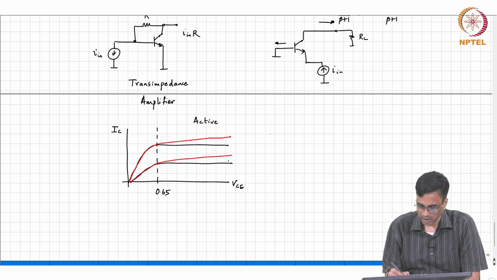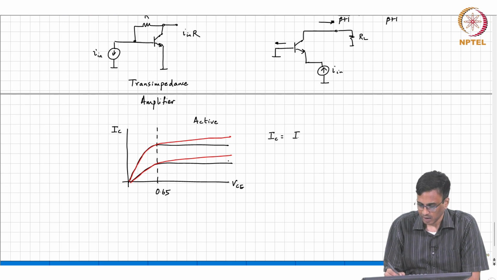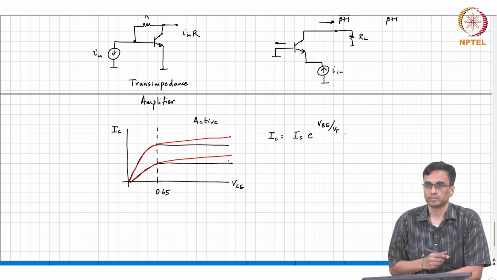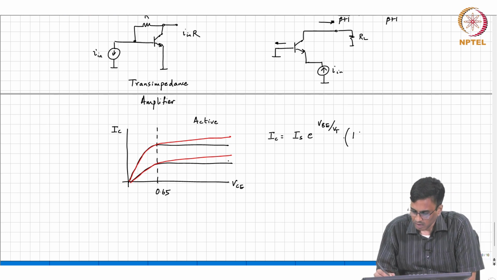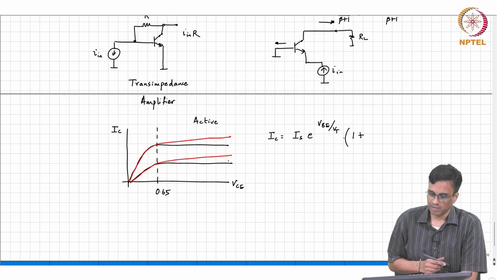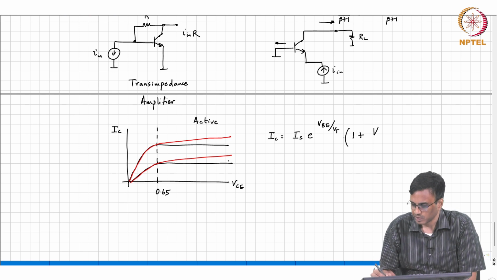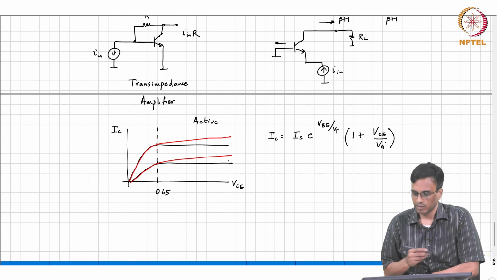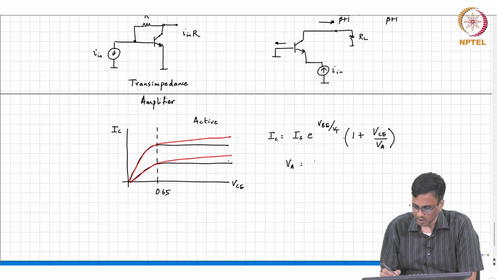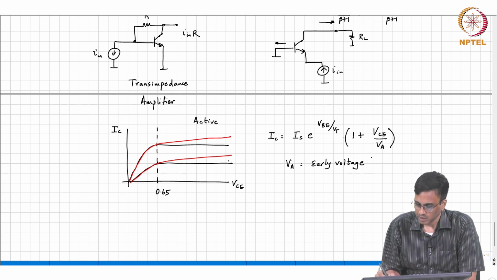So, like in the MOSFET case, the collector current is Is e to the VBE by VT times, we could have written 1 plus lambda VCE, but historically the fellow who first came up with this equation said it is VCE by some VA, and VA is called the early voltage after the person who came up with this first.